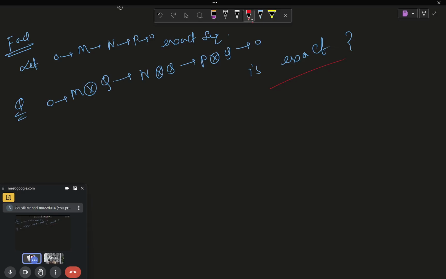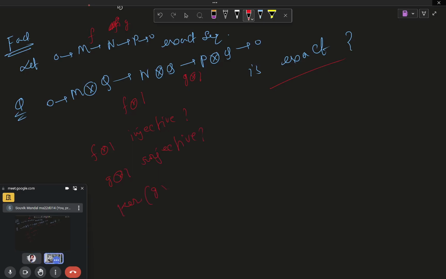Now for that, suppose we have these maps f and g. Then what are the new maps? f tensor 1, g tensor 1, right? So we need to check whether f tensor 1 is injective. Also, we need to check whether g tensor 1 is surjective. Also, we need to check whether the kernel of g tensor 1 is equal to the image of f tensor 1.